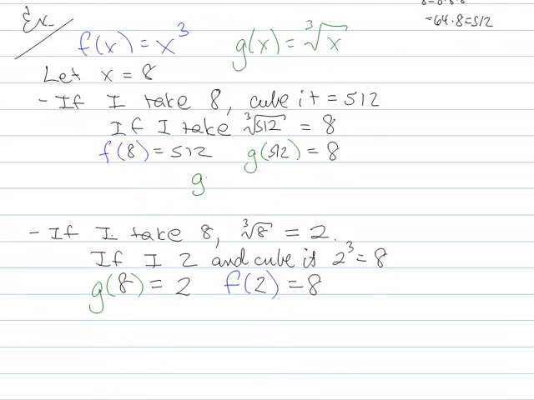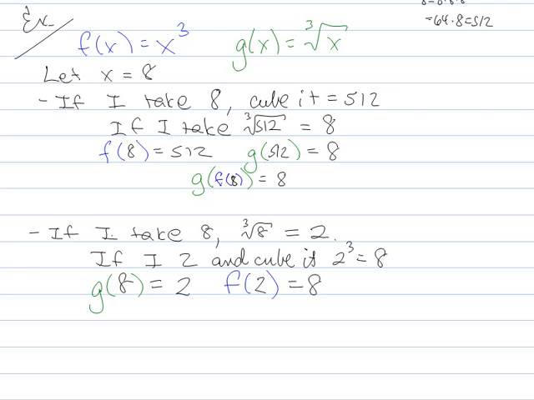If I have g of 512, I get 8, right? Now where did I get this 512 from? Well, I got the 512 from doing f of 8. So that means g of f of 8 is 8.